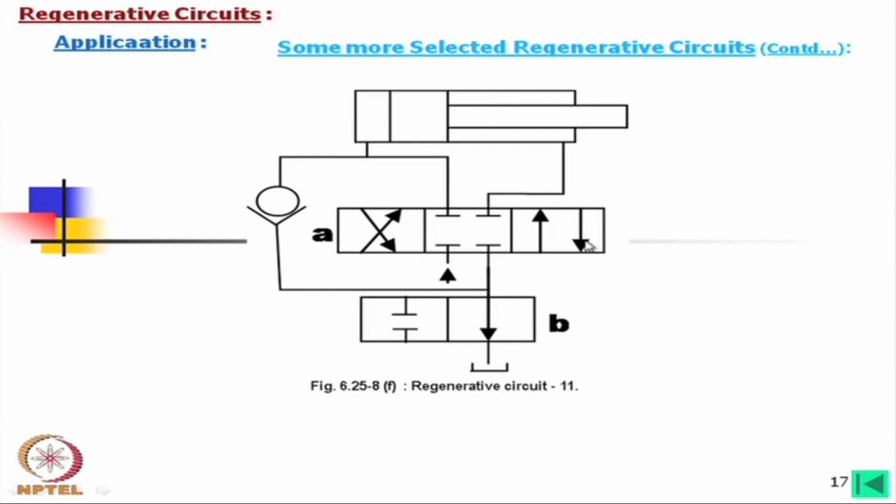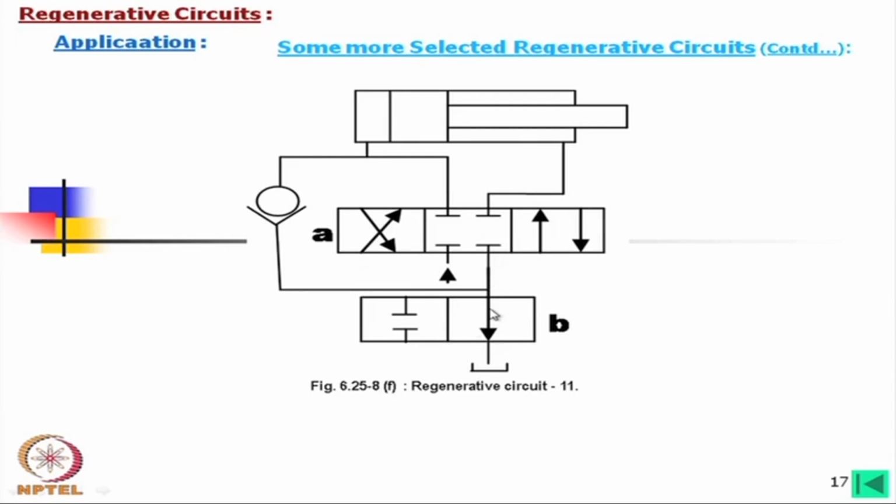So, right hand side and this operation putting into these positions, there will be regenerative. Now, we have connected this one. So, oil is trying to go in this directions, and oil from here cannot go this way, it is going to this path.